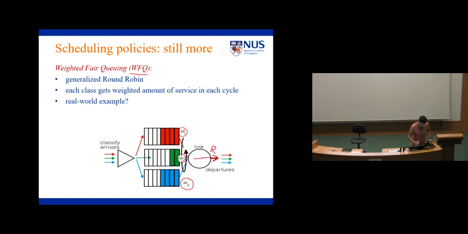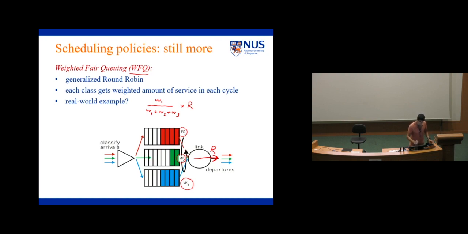Let's say this is R. And then for type 1 class application, my rate is going to be W1 over W1 plus W2 plus W3 times R. So I assigned W1 out of the total weight portion of the available bandwidth to type 1.